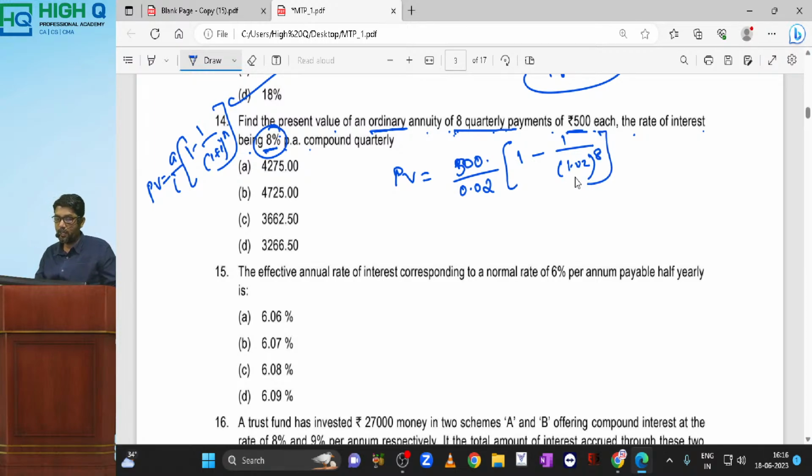Now let us calculate in one step, my dear. 1.02 whole power 8 is 1.1716 something like that. Divided by, equal to minus 1, into 500 divided by 0.02. So I am getting 3662.74 something, approximately 3662.50. This is what our present value is.